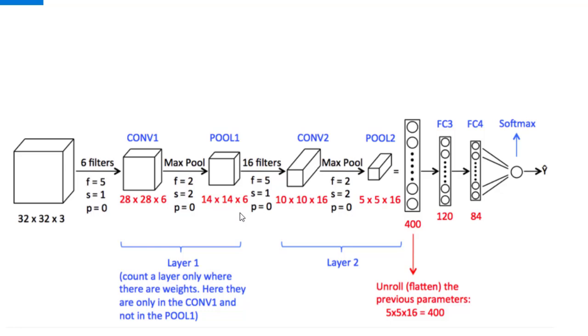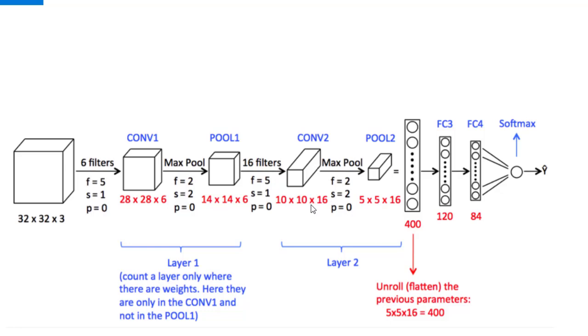Then we are passing it through another convolutional layer of filter size 5, f equals 5, stride equals 1, p is 0, and 16 filters. So what is going to be the output? Output is going to be 10 by 10 into 16, because there are 16 channels or filters.